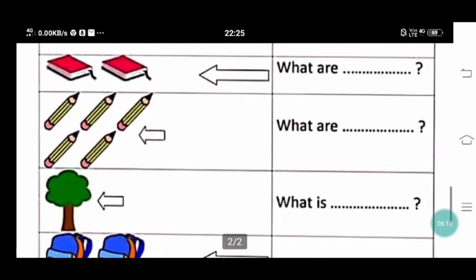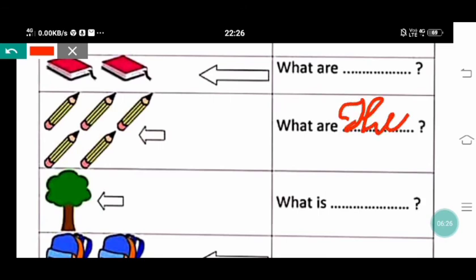Now, what we have to write down? These or those? Look here, arrow. Arrow is short. It means we have to write down here these. What are these? Now, here tray is in singular form. Arrow is short. It means we have to write down here this. What is this?